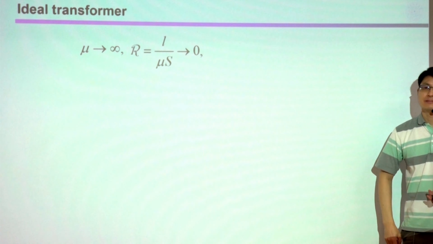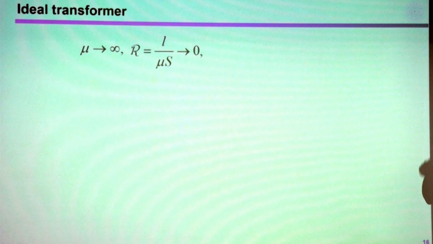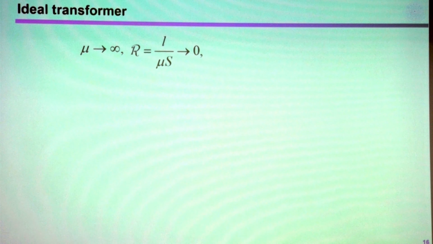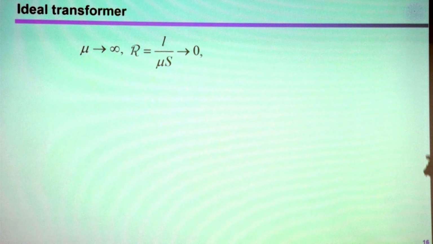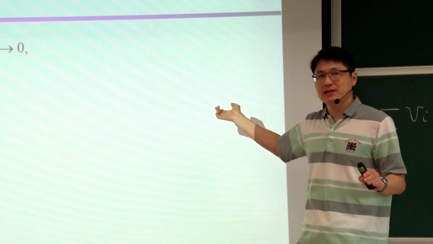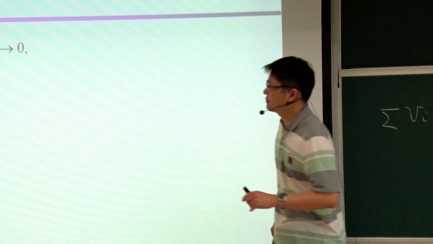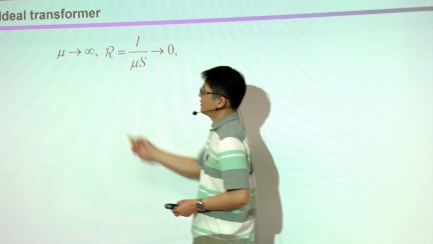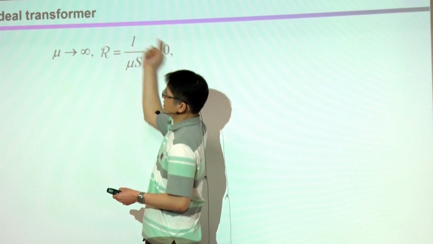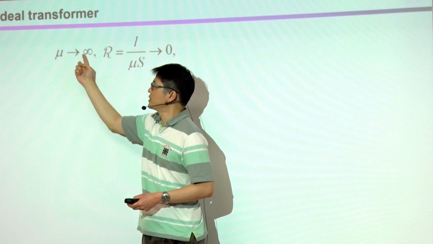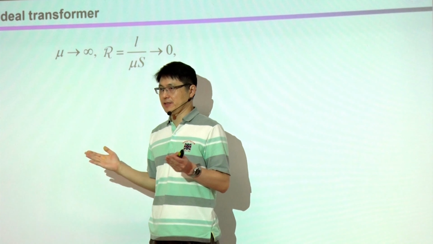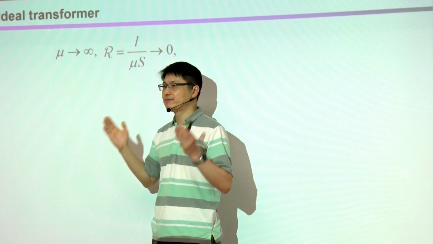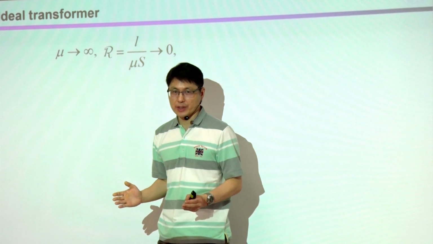Right? That is your basic assumption. If your mu is not very high, you expect to have leakage, and your equation has to be modified. Okay? So since we wrote this equation, we made our assumption. This assumption is now explicitly mentioned. Mu is reaching infinity. We have a very good core material.